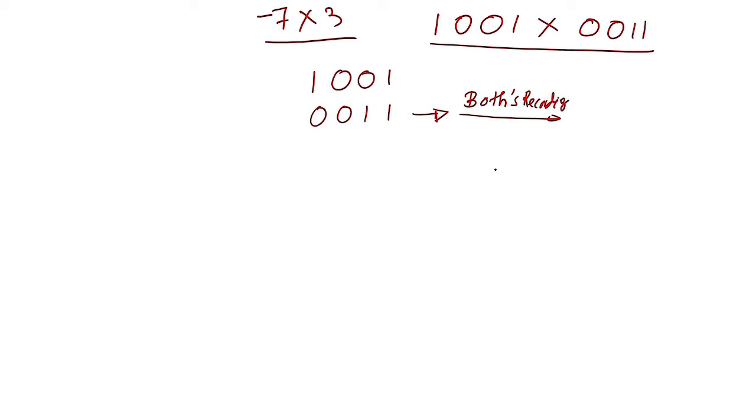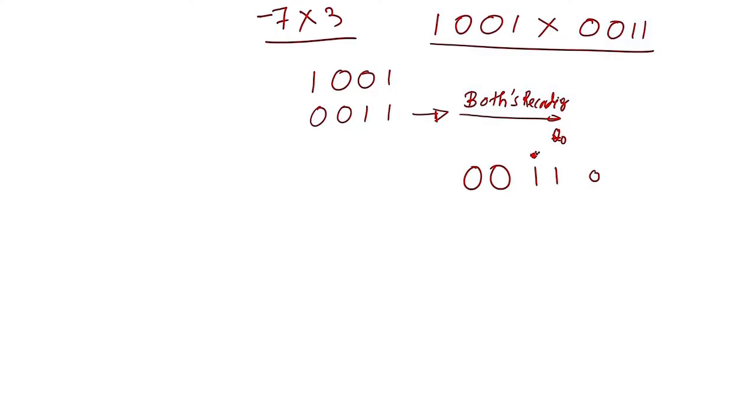As I said, if it is 0 1 1, and then we assume there is a 0 at the q minus 1 bit, that is the q 0 bit. Each time we are shifting the multiplier bit to the right side. Therefore, after the first cycle this bit will be in the 0th position, and after the second cycle this will be in the 0th position. So, we can assume something like that.